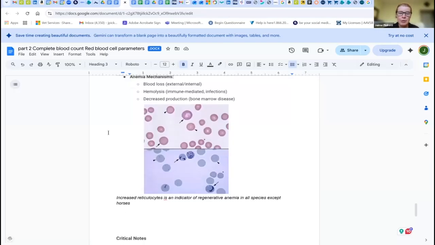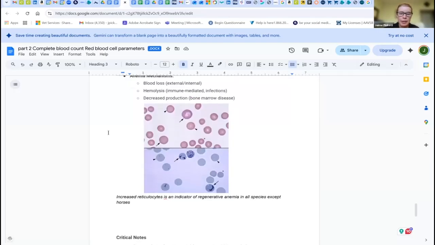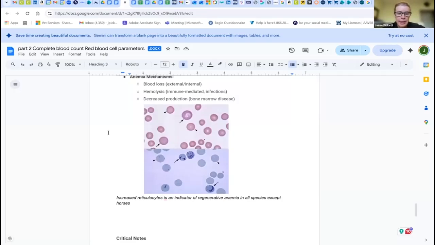In these pictures, you can see increased reticulocytes is an indicator of regenerative anemia in all species except horses, like we talked about. Here are two pictures, and you can see where the arrows are.